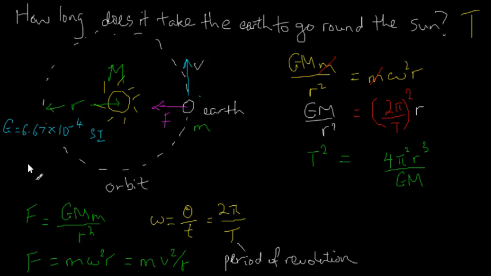Mass of the sun is 1.99 times 10 to the power of 30 kilograms. So that is very massive.